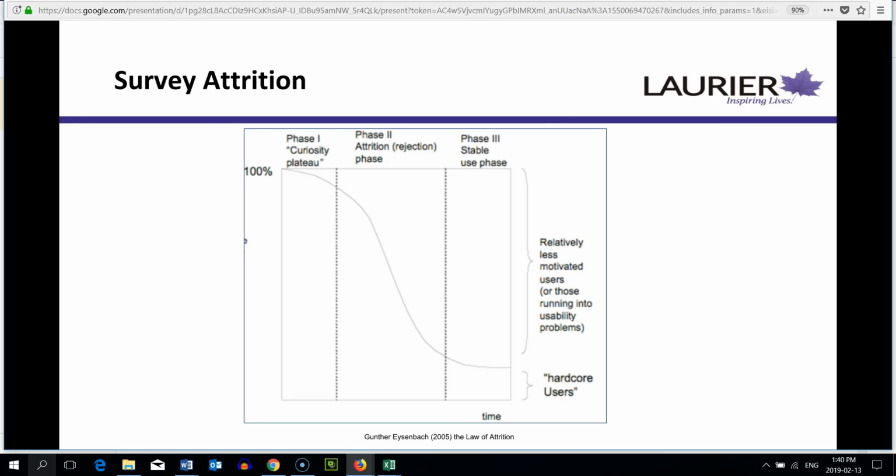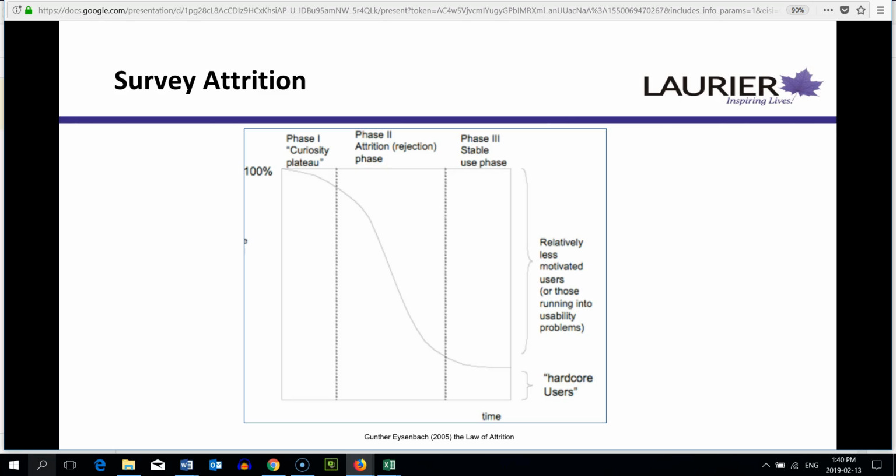Some research here by Eisenbach identifies what they call a sort of life cycle of survey attrition, where you start with 100% of the participants, and these are the people you convert. So maybe that's 30% of the people that you engage. They start, they're curious about the survey, they're into it, and at a certain point you will notice a significant drop-off.